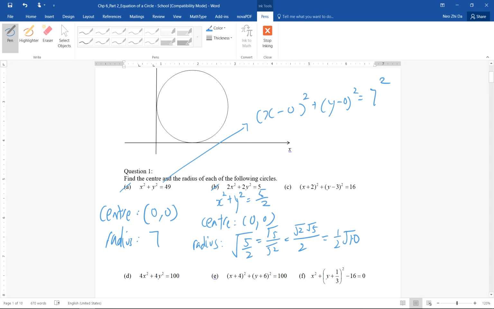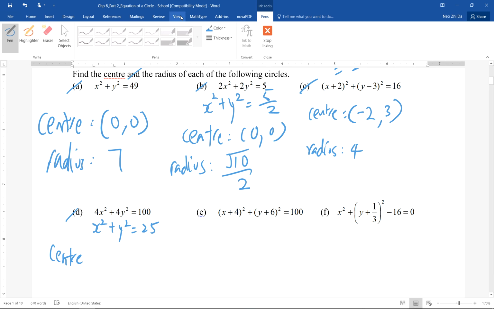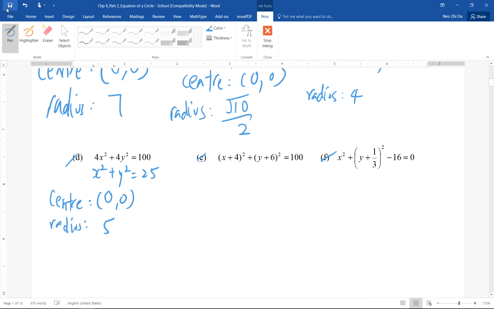Okay, what's the center? 0, 0. Radius 5. Okay. Now E and F. Center: is the x coordinate 4 or negative 4?